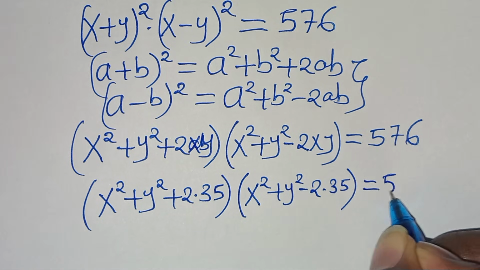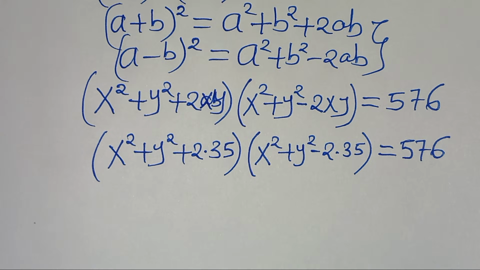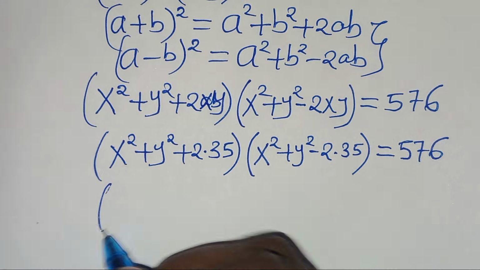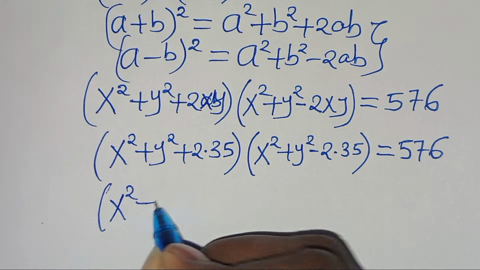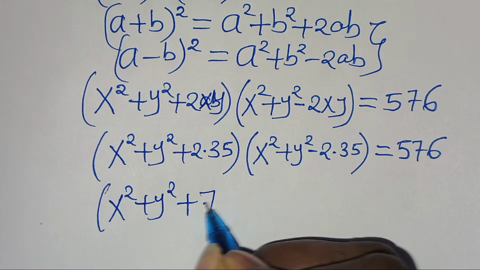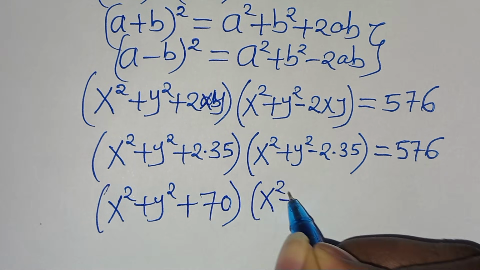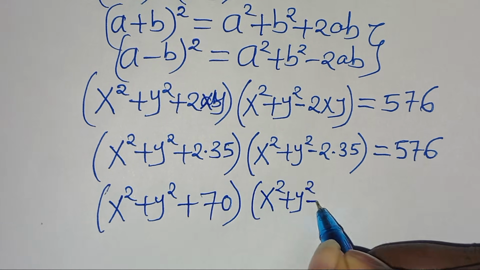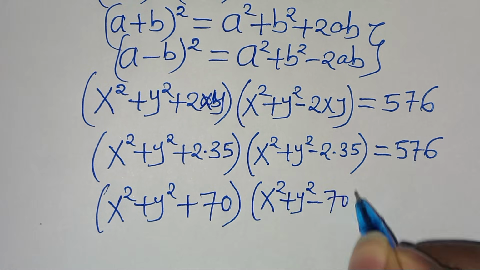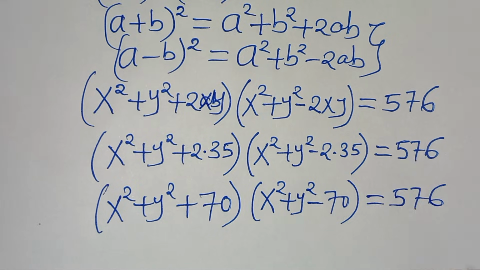This is equal to 576. So now we have x squared plus y squared, then plus 35 times 2, this is 70. Then x squared plus y squared minus 35 times 2, which is 70. This is equal to 576.